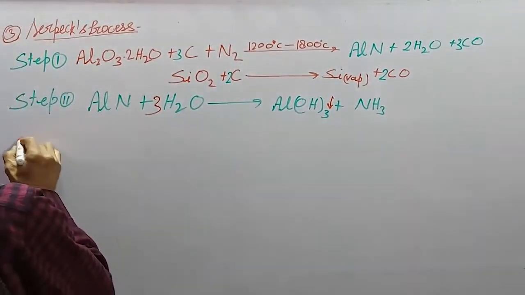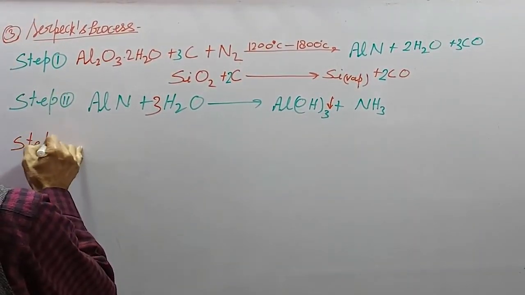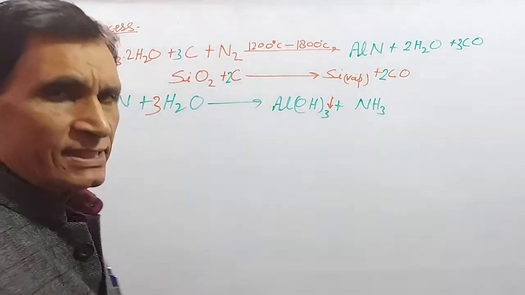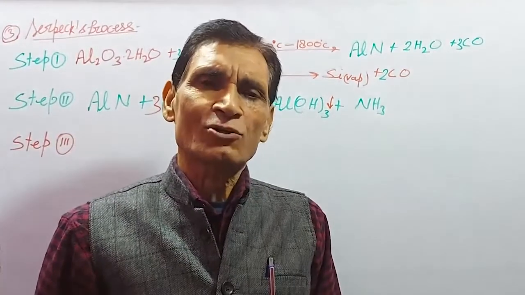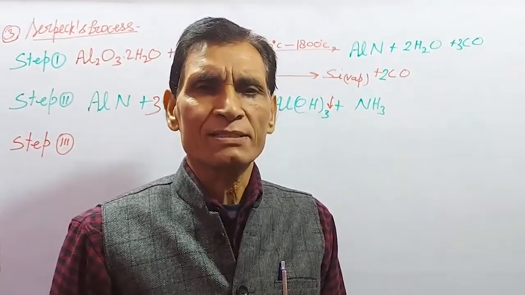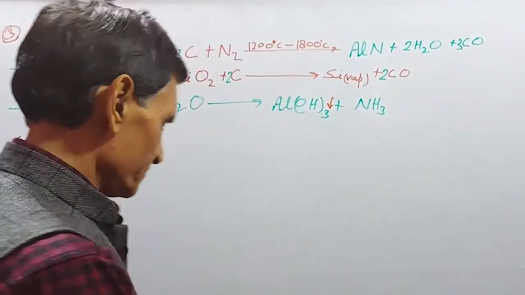Now next is step 3. In step 3, this aluminium hydroxide is heated strongly or roasted to obtain pure alumina or pure bauxite or pure aluminium oxide.